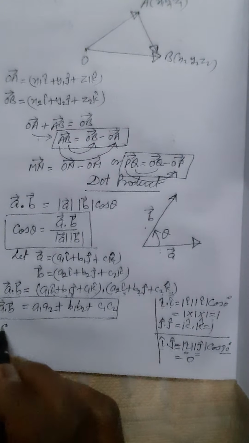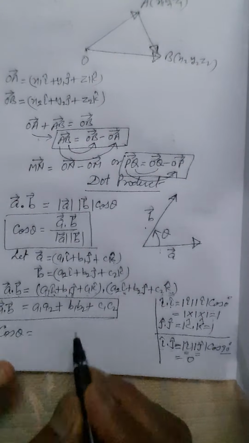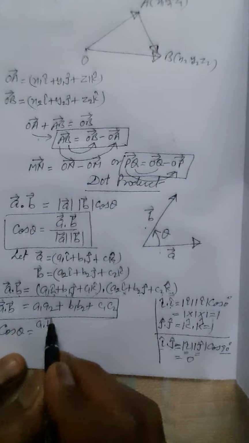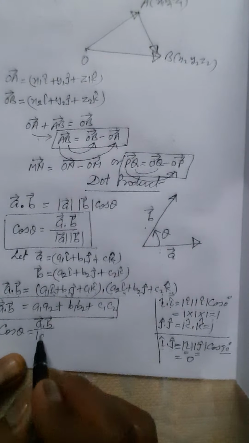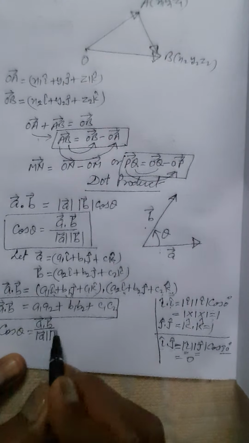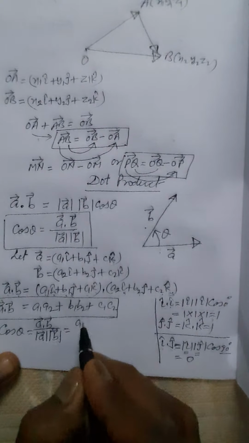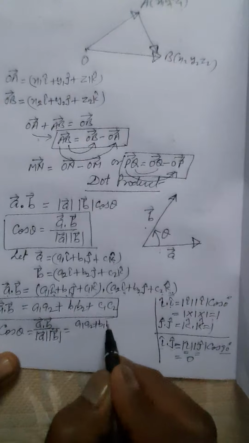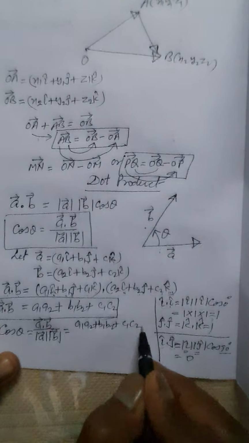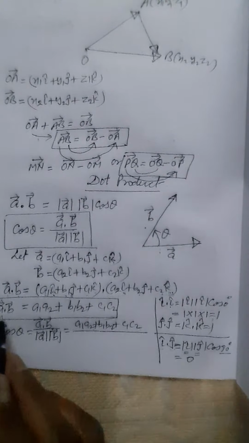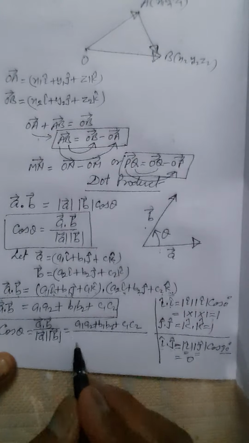And now how to define the angle between them? That will be defined as A dot B divided by magnitude of A, magnitude of B. This will be A1A2 plus B1B2 plus C1C2, the same result put here.